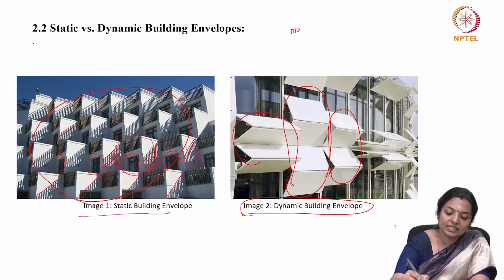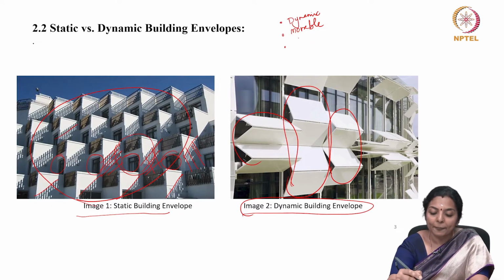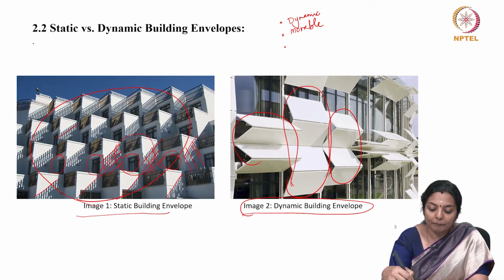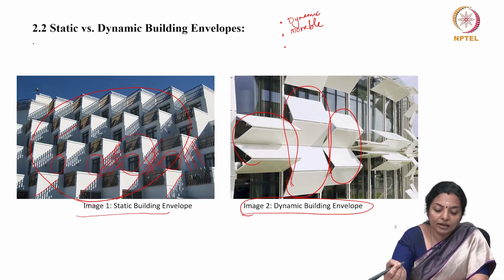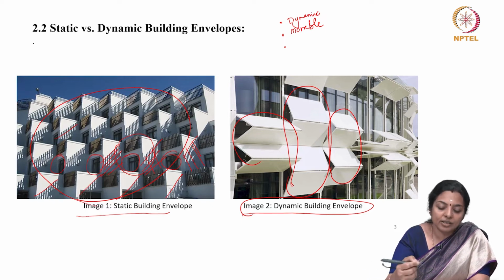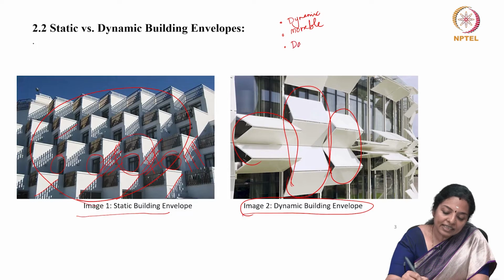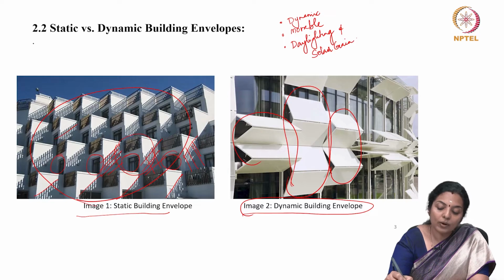So the elements are movable, dynamic, and these can be made to move based on the daylighting and shadow, solar gain requirement.